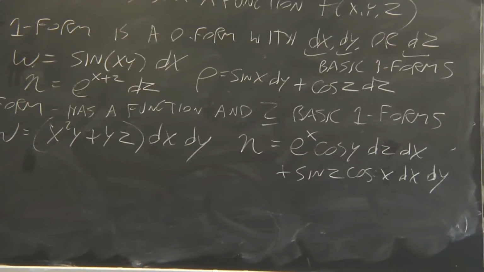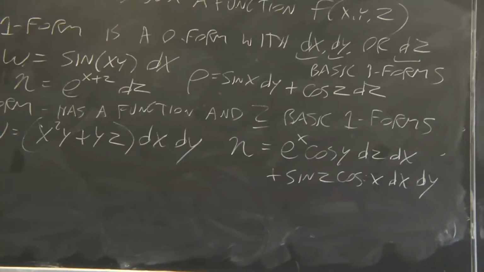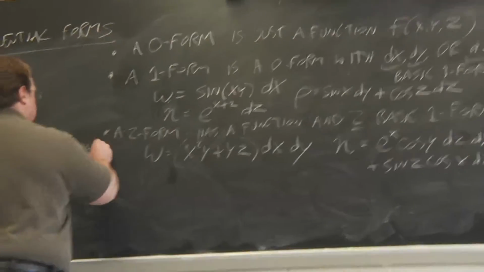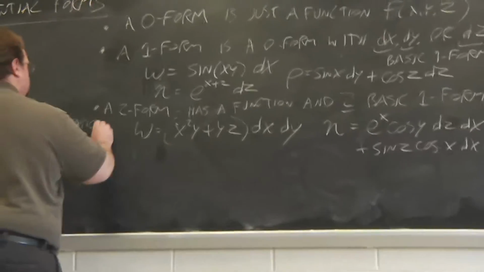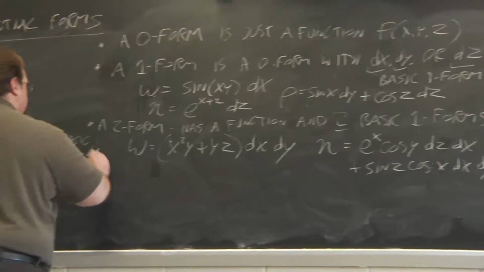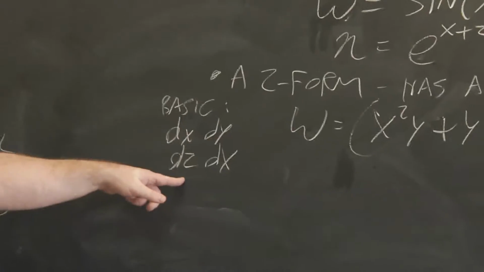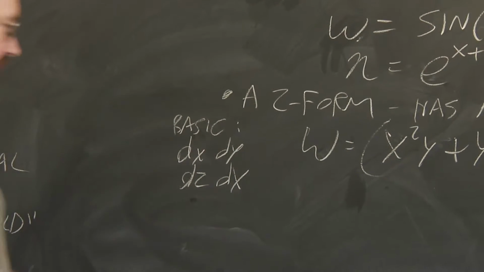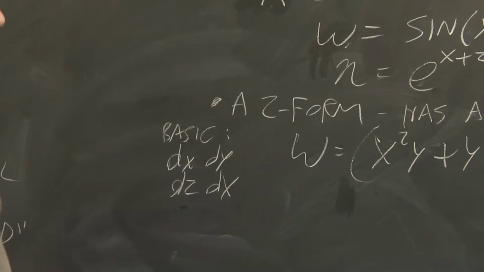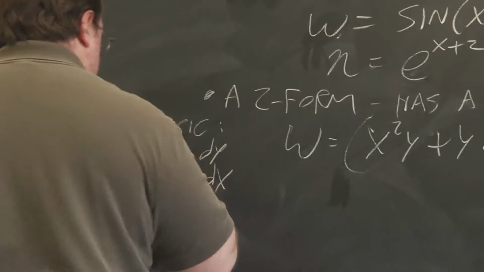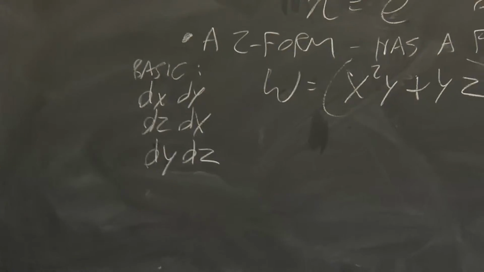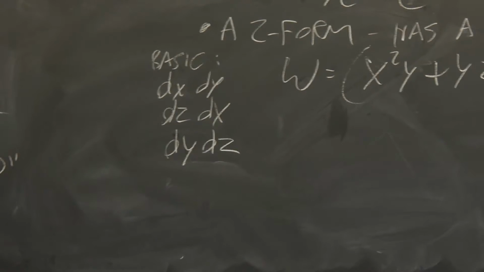Now, the way 2 forms are customarily written, the basic ones, we have dx dy, dz dx. By convention, we write the z first, and you don't absolutely have to, but that's just so we're kind of going in cyclic order here, and then dy dz. Okay.